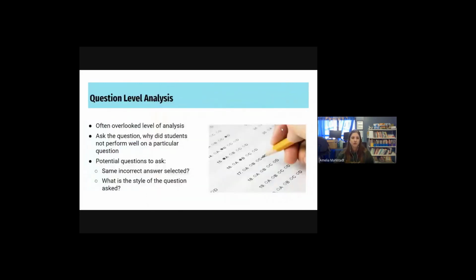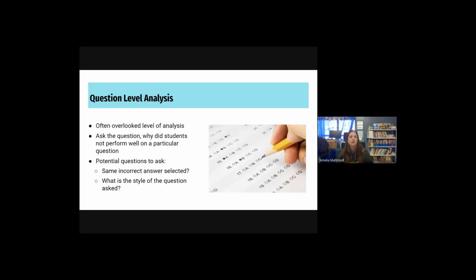So at the question level, we often overlook this level of analysis, but we want to make sure that we ask the question, why did students not perform well on a particular question? That's why it's important to have that question level and have the test in hand. Some other things to consider across your class by looking at those questions is, was the same incorrect answer selected?